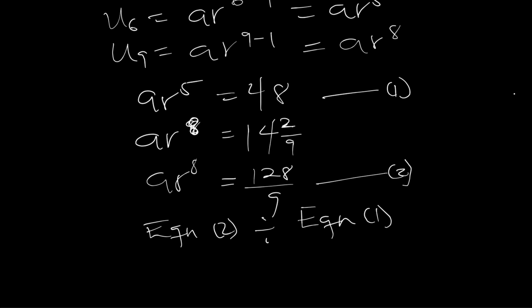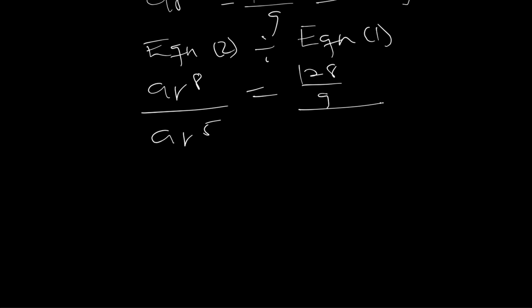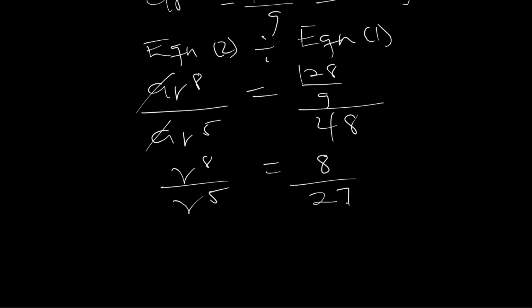When we do that, we have AR^8 over AR^5 is equal to 128 over 9 divided by 48. Now A cancels A, and we have R^8 over R^5 is equal to, so 128 over 9 divided by 48, you have 8 over 27.